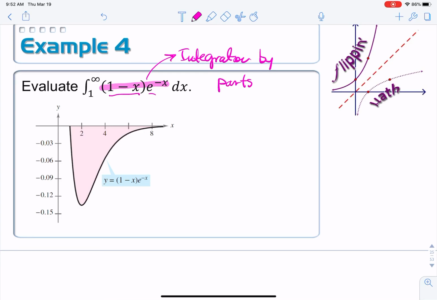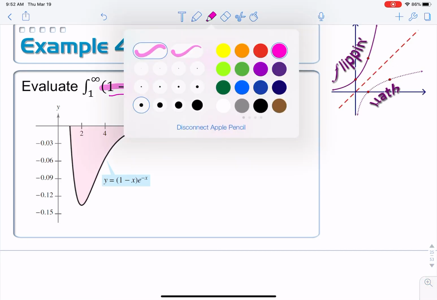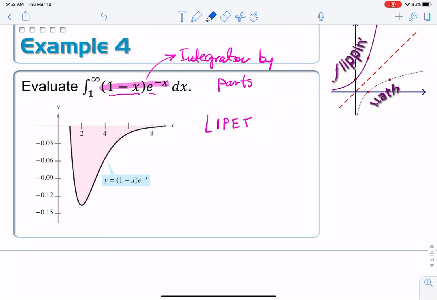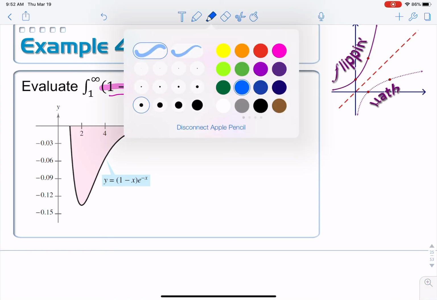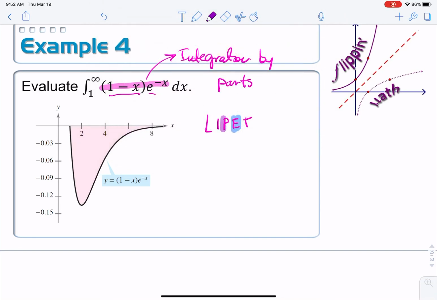Our little mnemonic for this is LIPET. We've got both an exponential and a power. The one that's closer over here is going to be our dv, and the one that's closer over here is going to be our u. So it makes sense that our u should be 1 minus x, and our dv should be e to the negative x. So that's how I'm going to tackle this particular problem.